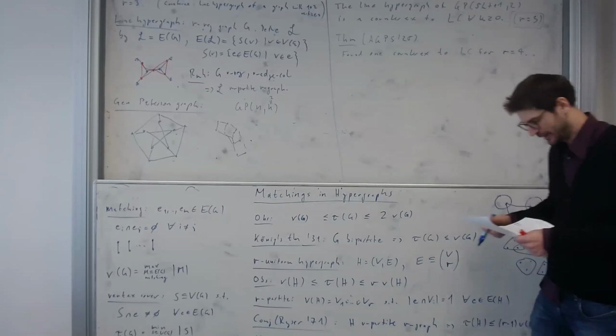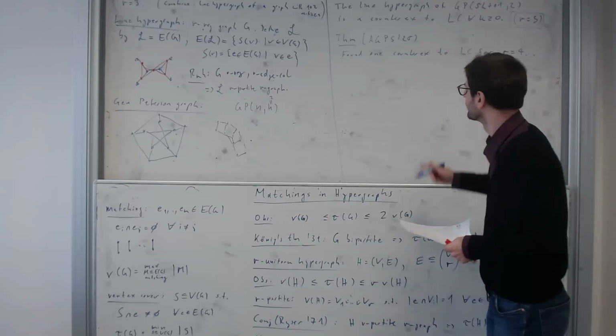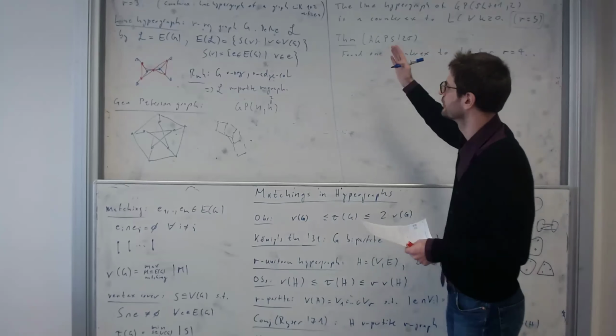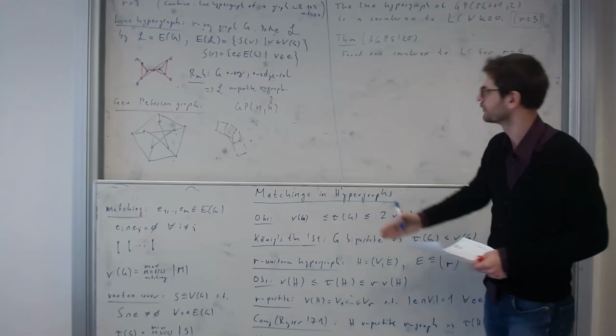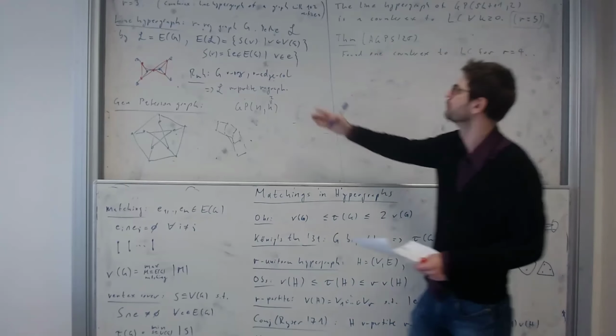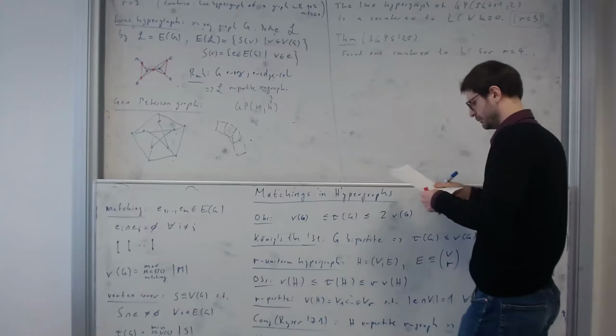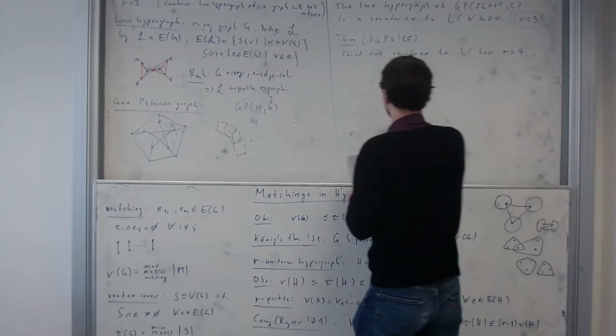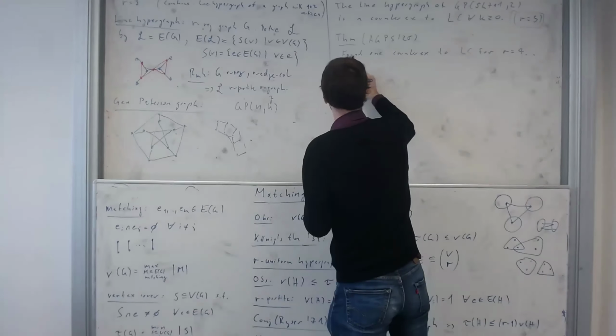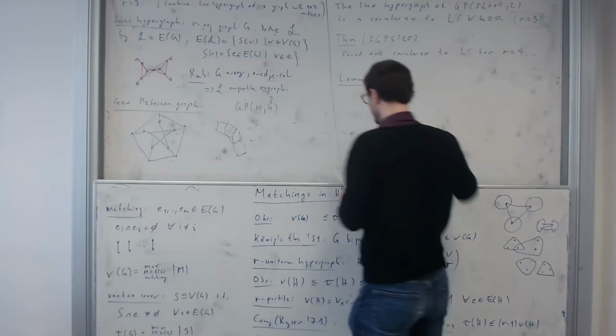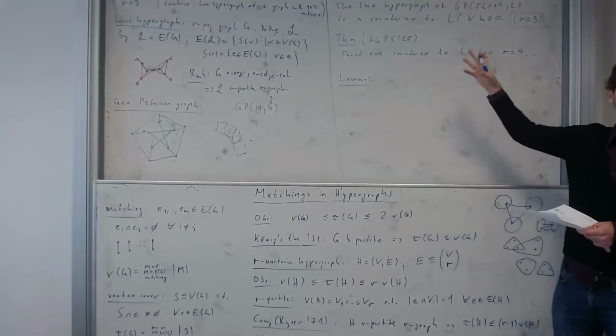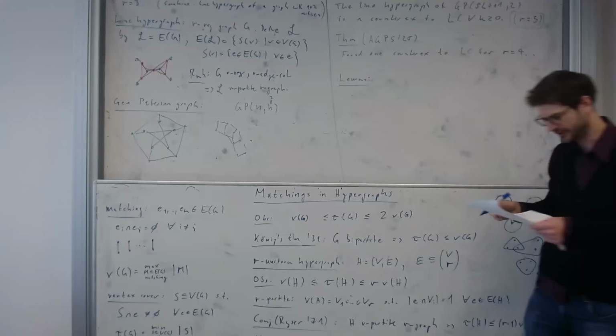So, yeah, let's explain how this works. Basically, the fundamental way to check this property is the following lemma, which is also implicitly used by Clow, Haxell, and Mohar, and this is basically the idea. So how do we check now for this line hypergraph that it is a counterexample?